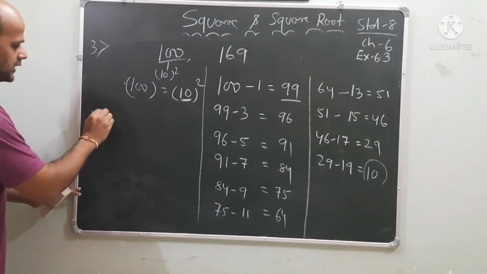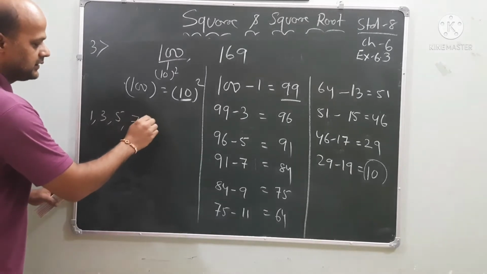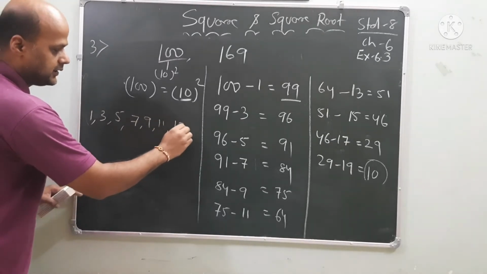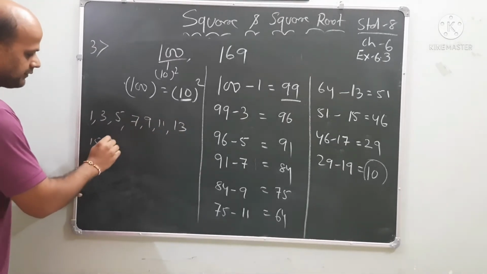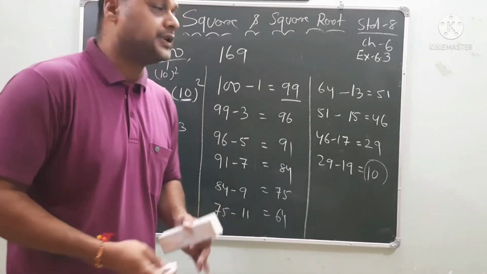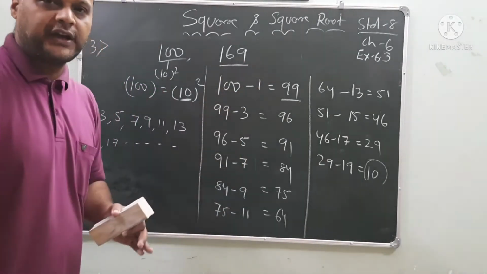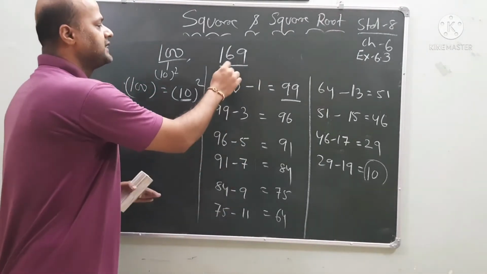Odd numbers means which one? Which are not divisible by 2. What are they? 1, 3, 5, 7, 9, 11, 13, 15, 17 and so on. Okay, so in this manner you have to do it. I will give you a little hint. 169.